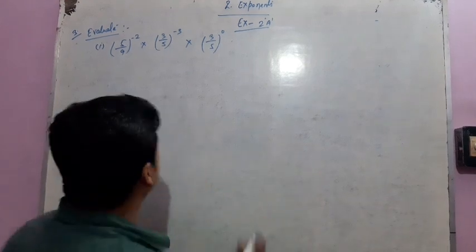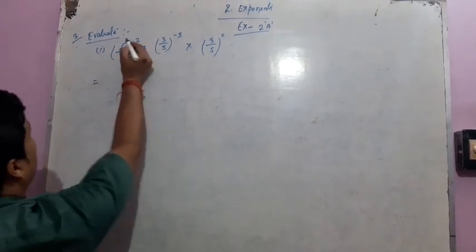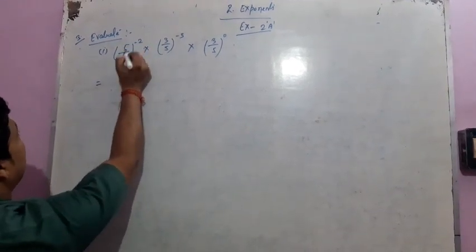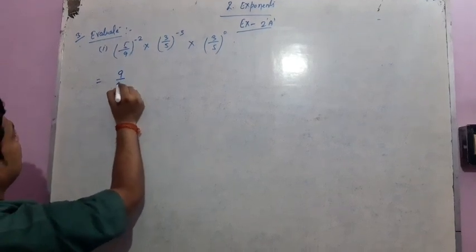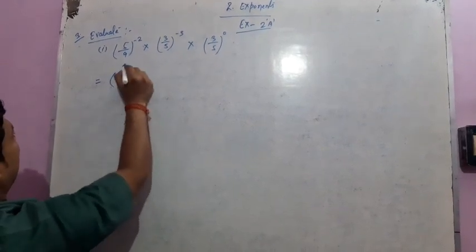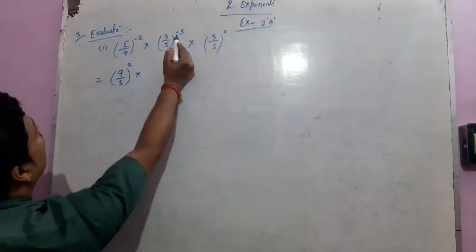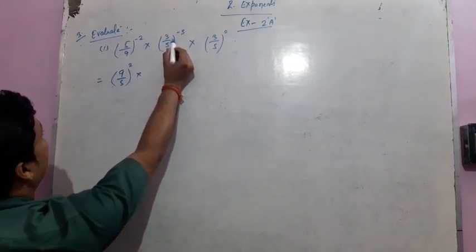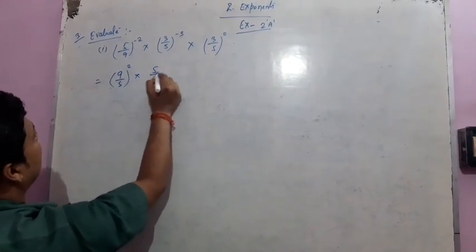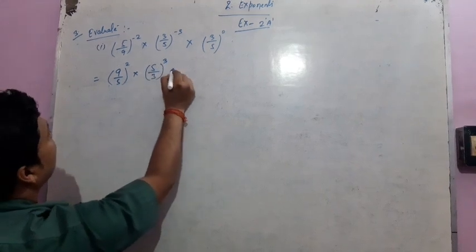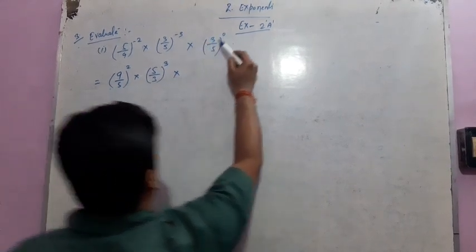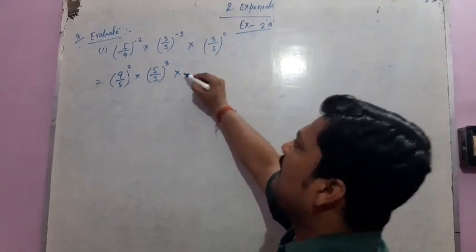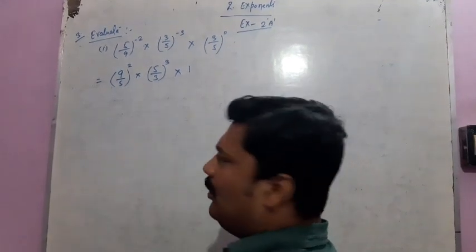Look here. First, for removing this minus sign, we have to write the reciprocal of this fraction, 9 by 5, and make a square. Again, for removing this negative sign, we have to write 5 by 3, and here the exponent is 3. And when the exponent of any number is 0, that means its value is equal to 1.